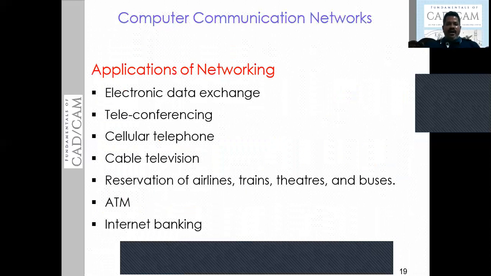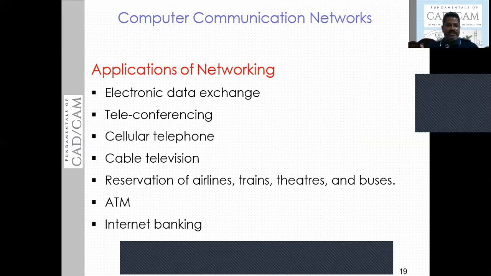So when you come to the applications of networking, it is extensively used to exchange electronic data. It can also be used for teleconferencing, like communicating with each other. You might have seen outside that most people communicate together through video conferencing, communicating information.